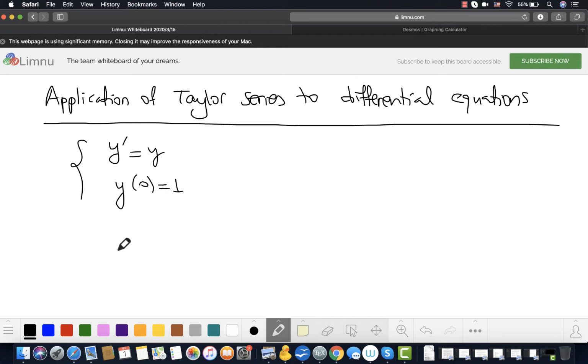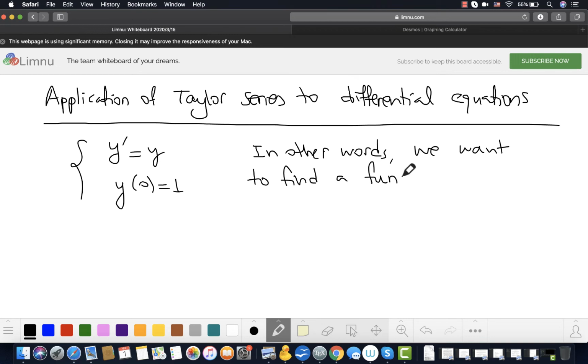In other words, we would like to find a function y equals f of x, right, we want to find y as a function of x, such that what?